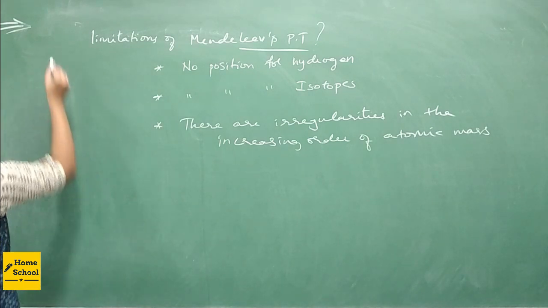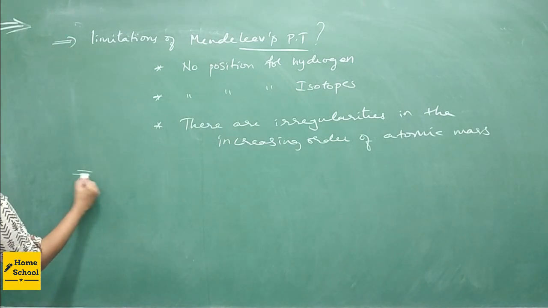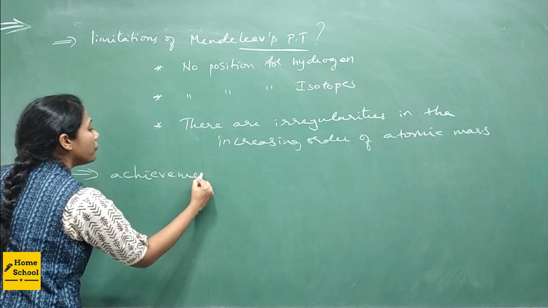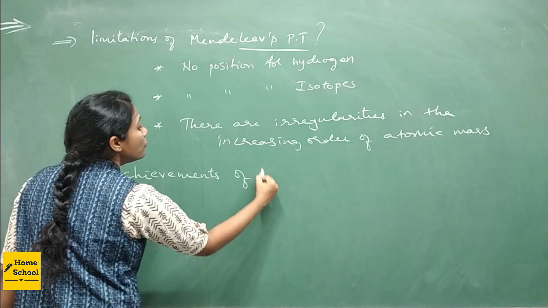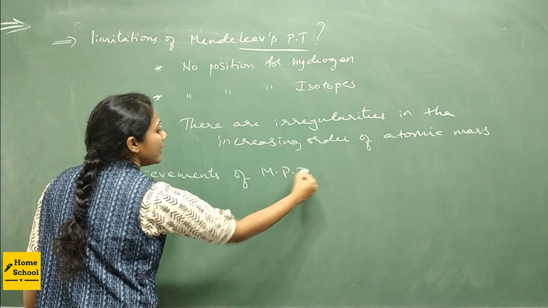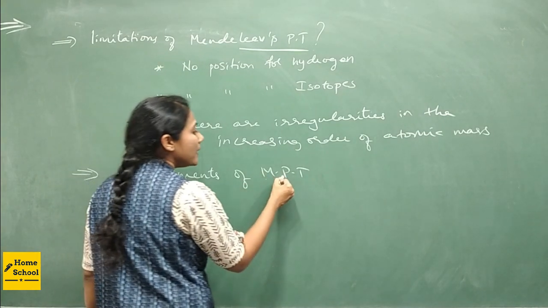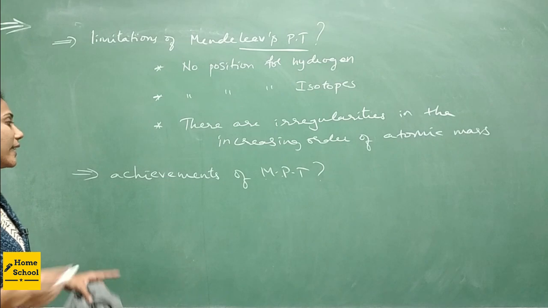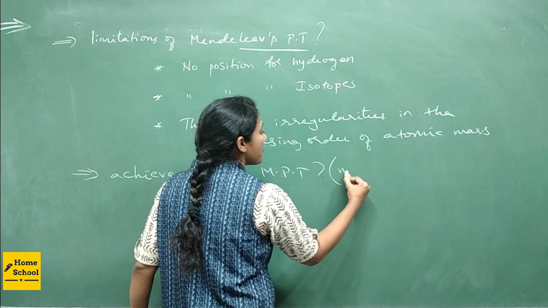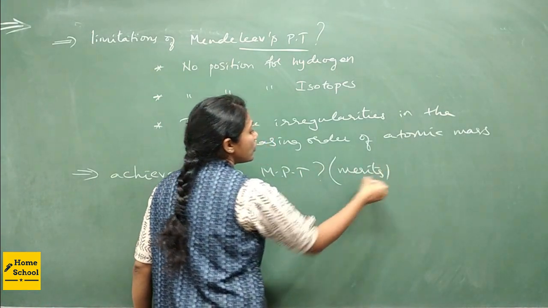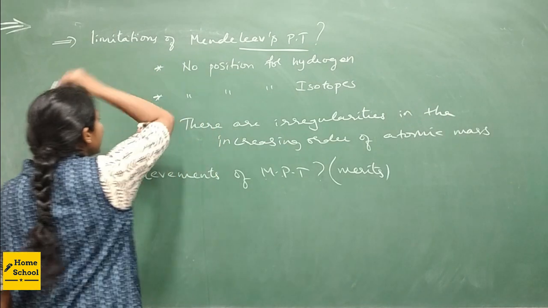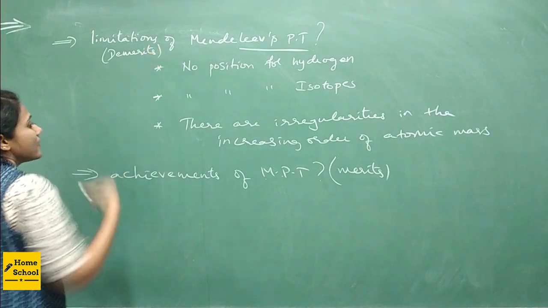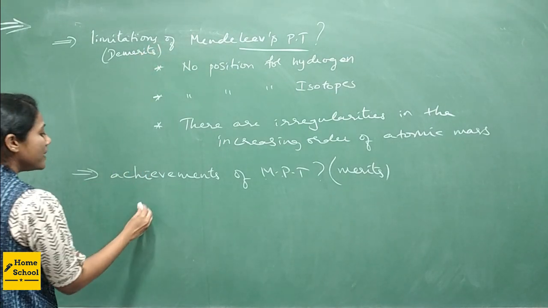Similarly, they can ask you achievements of Mendeleev's periodic table. M in the sense Mendeleev, P in the sense periodic, T is table. Achievements are also called merits, and limitations are also called demerits. So what are the achievements you will give?